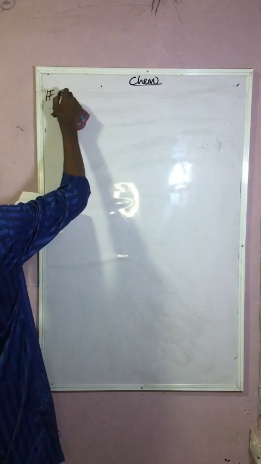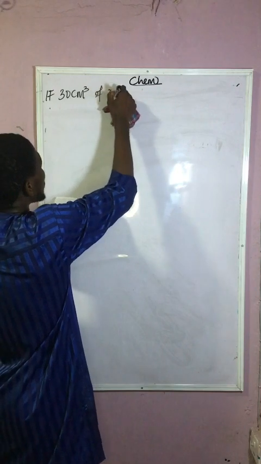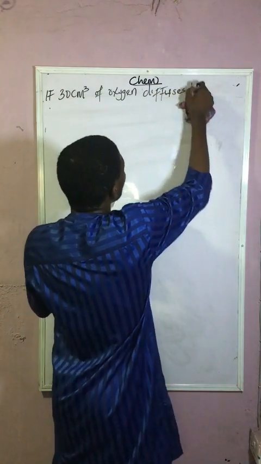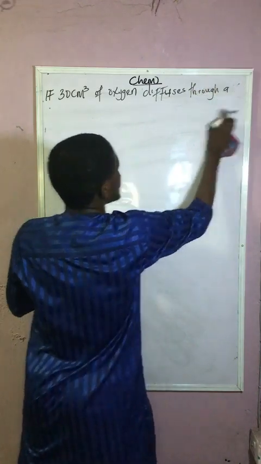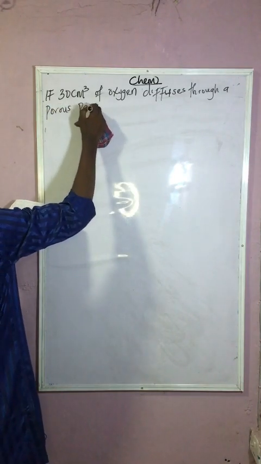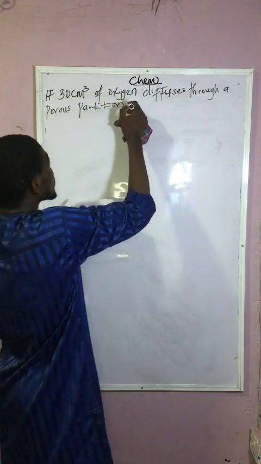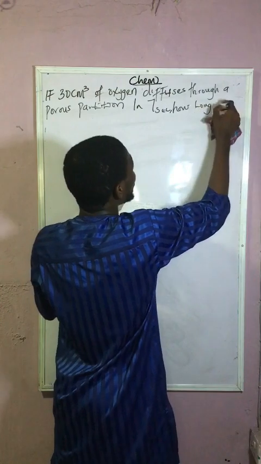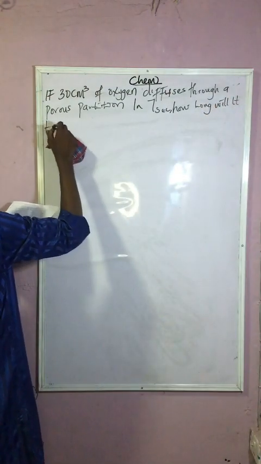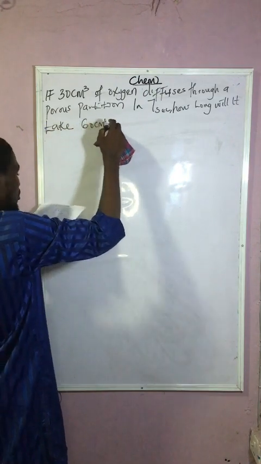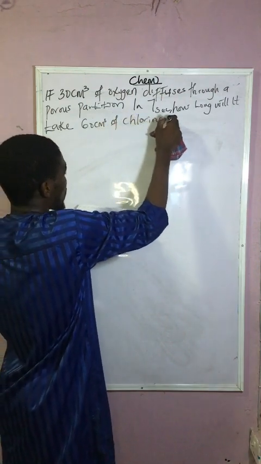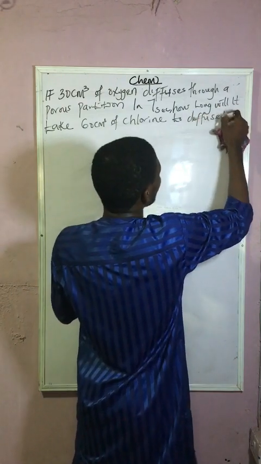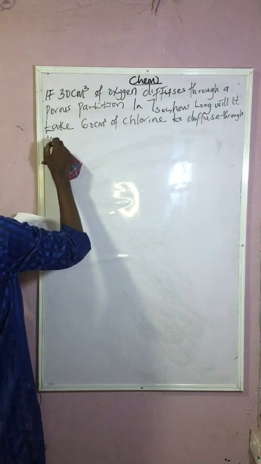So we have: if 30 cm³ of oxygen diffuses through a porous partition in 7 seconds, how long will it take for the same volume to diffuse through the same pots?